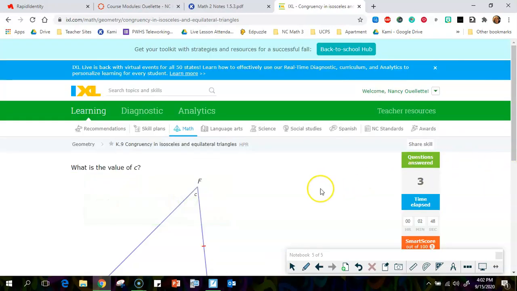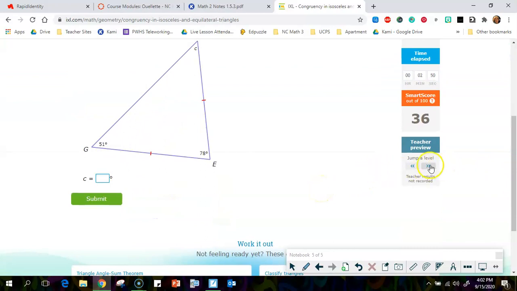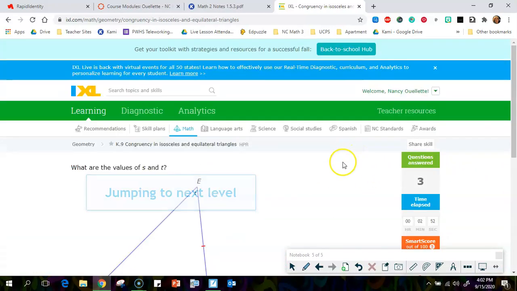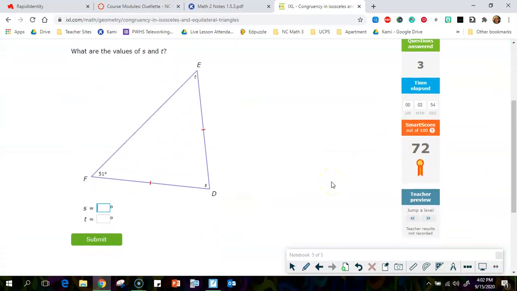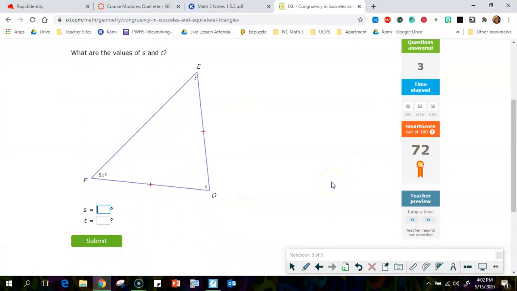Let's see if we can jump another level here. Okay, so we're at a 72. That jumped quite a bit. Isosceles triangle. That means angle E and angle F are congruent. We're looking for S, which is this angle right here.